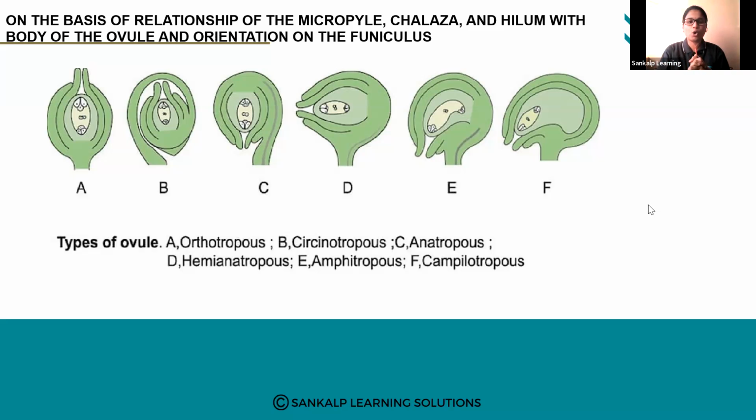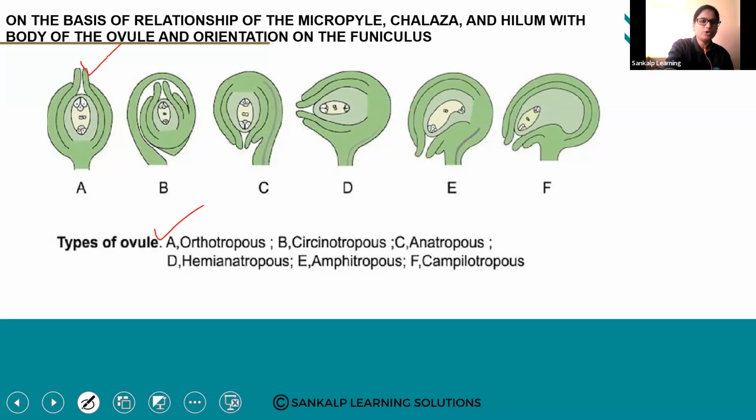The first one is orthotropous. Here the micropyle and chalazial end lie in the same line, along with the embryo sac, the female gametophyte. All 3 lie in the same plane. Such an ovule is called an orthotropous ovule.